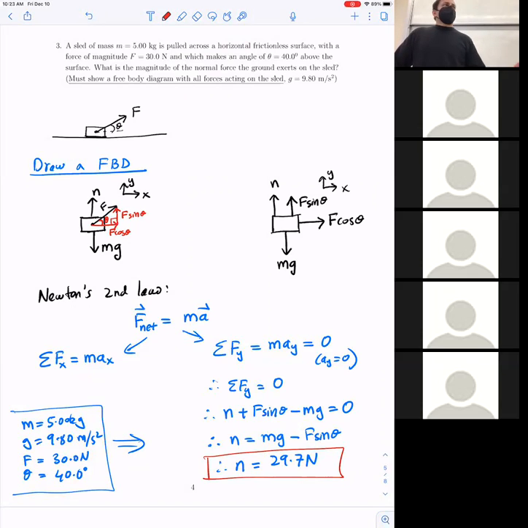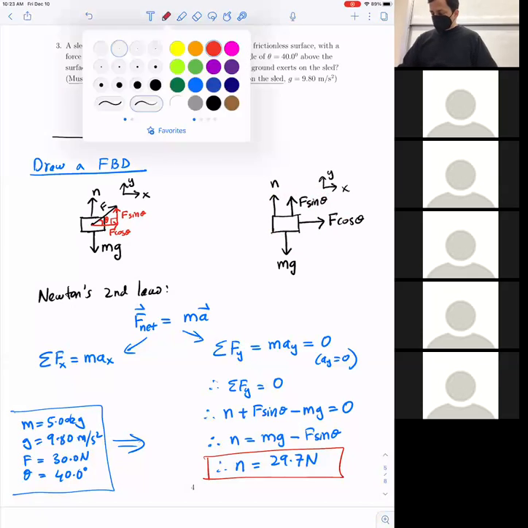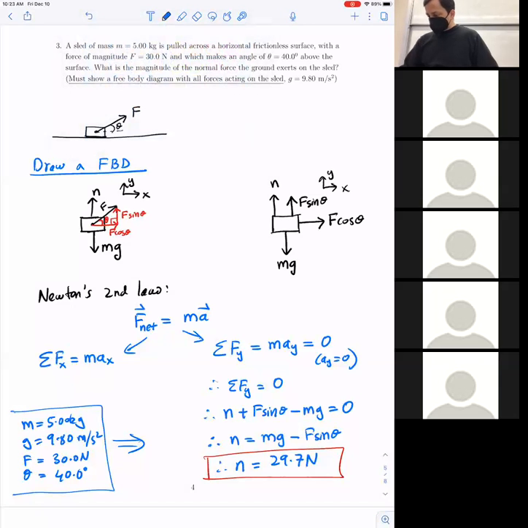Another question that could have been asked in this problem is, what is the acceleration of this sled as it moves along? How would you do that? Well, in that case, they're asking you for this AX, the acceleration of the sled. The AY is 0 because it doesn't move in the vertical direction. So if I look at this picture here, I could write down my Newton's second law. Along the x-axis, the only force acting there is F cosine theta.